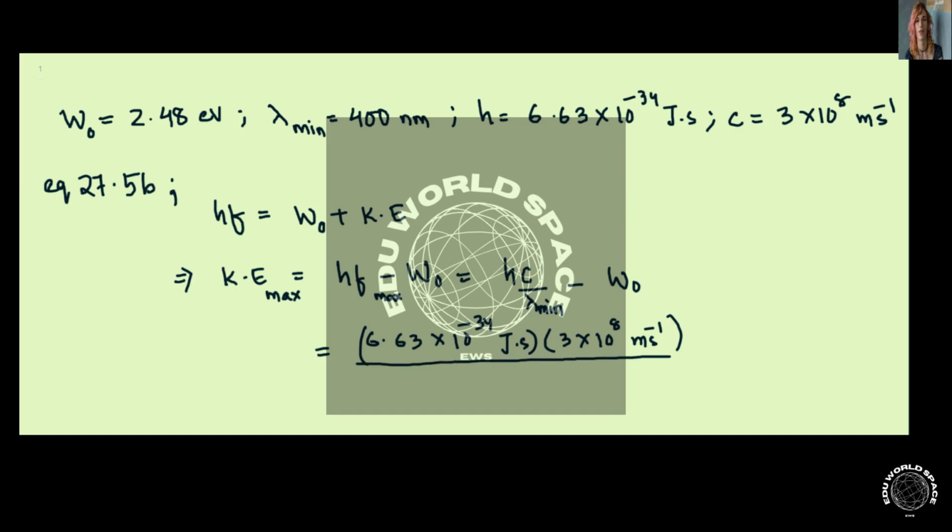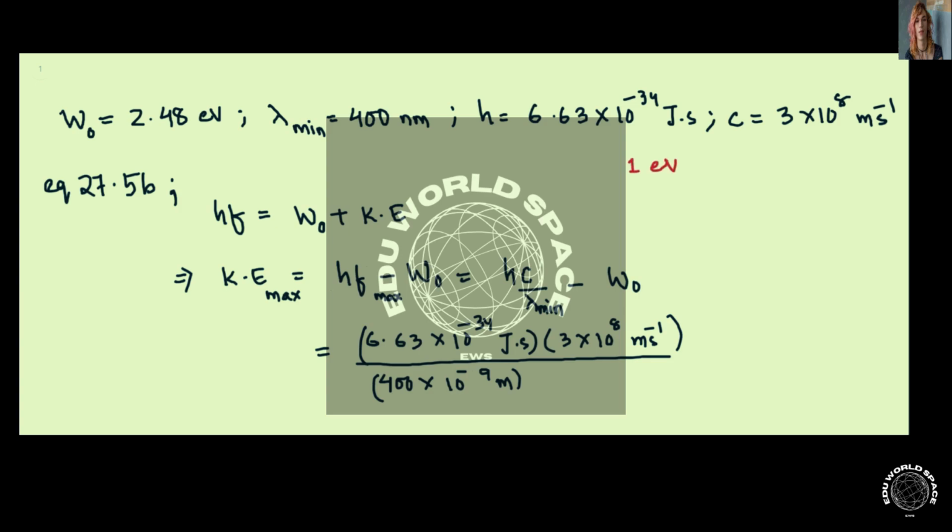Lambda minimum is 400 nanometer, or 400 times 10 to the power minus 9 meter. So this is in joule, and let me write it in red.